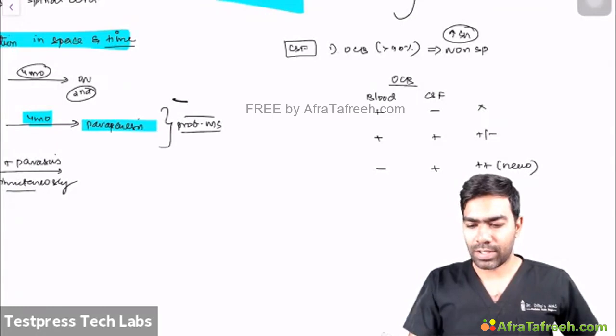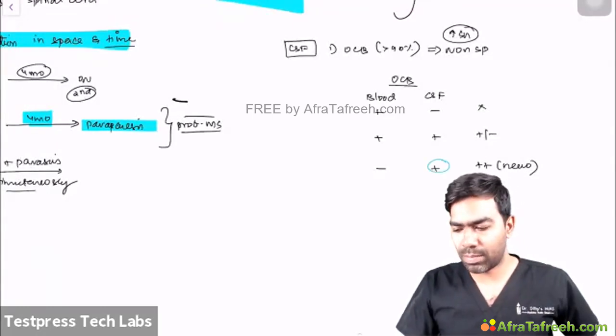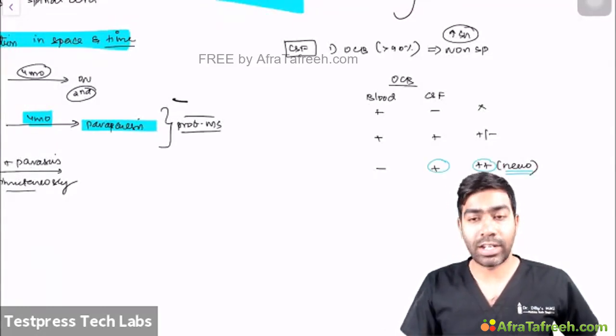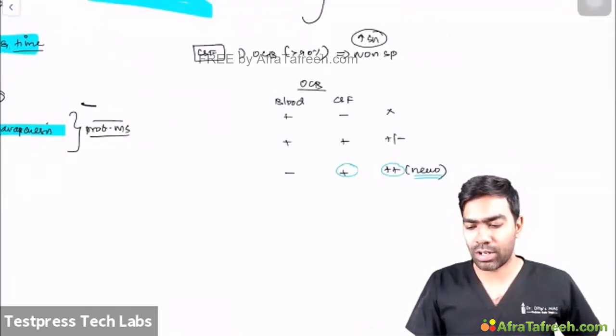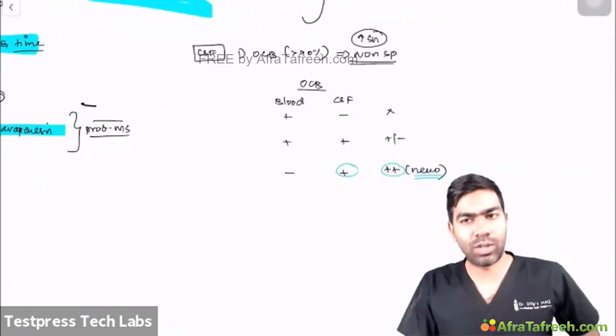Which means if I see oligoclonal bands in the CSF but not in the blood, it's specific for a neurological disorder. I'm not telling it's specific for MS. It's specific for neurological disorder. But overall, it cannot tell you what the neurological disorder is.